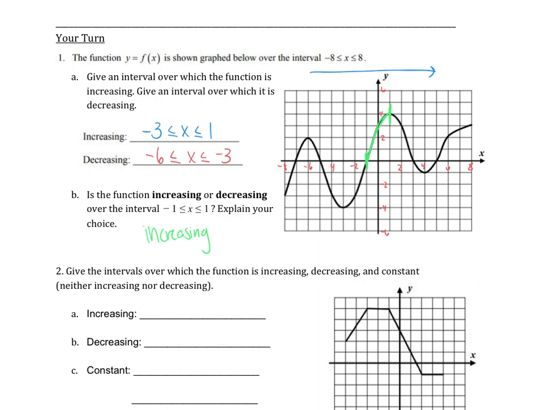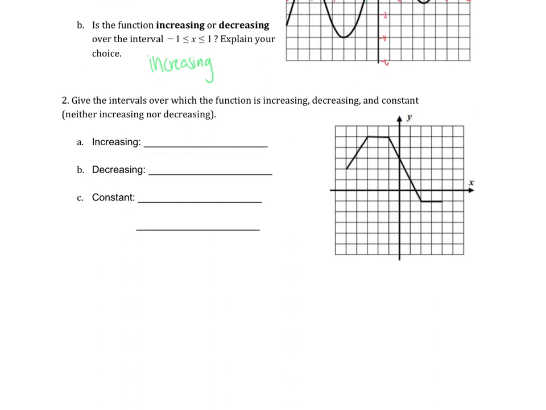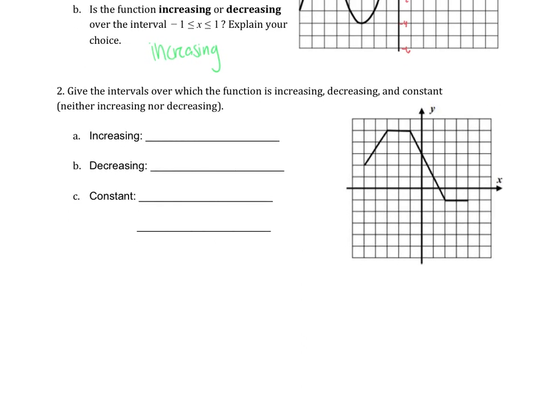All right. The last one I want to do is number 2, and I'm actually going to do this one with you because there is a new term here. This one says, give the intervals where the function is increasing, decreasing, and constant. The one word I want to go over with you is this word constant. That word means it's neither increasing nor decreasing. I'll give you an example of that, where it's neither increasing nor decreasing.